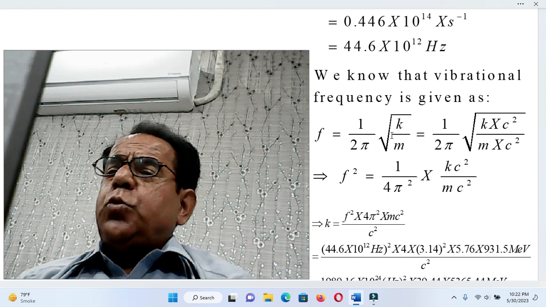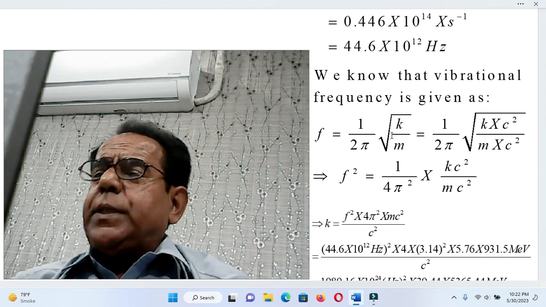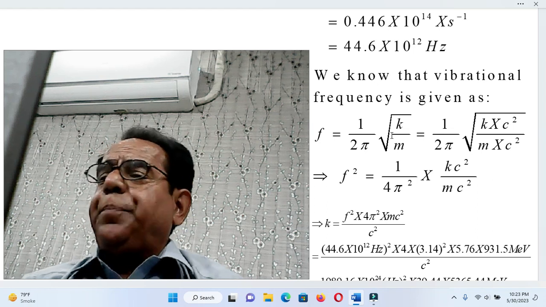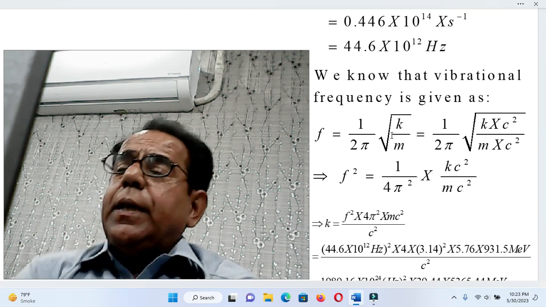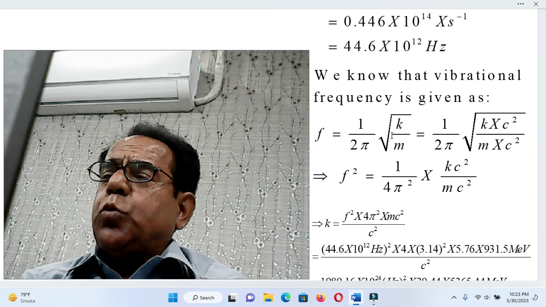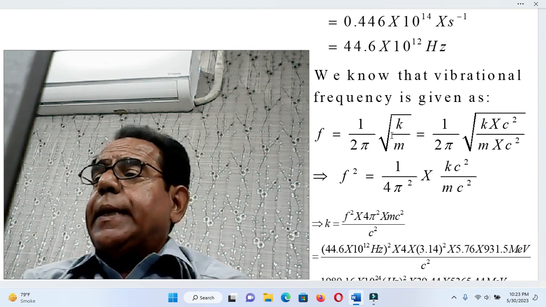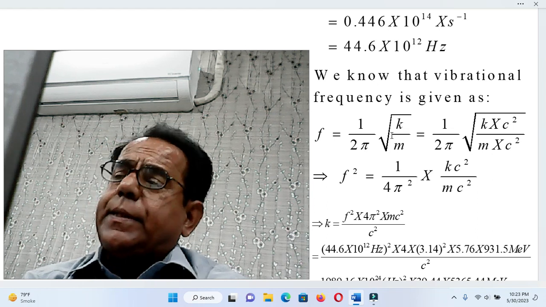So when f is equal to this, if we square both sides, we will have frequency f square is equal to 1 over 4 pi square into kc square over mc square.